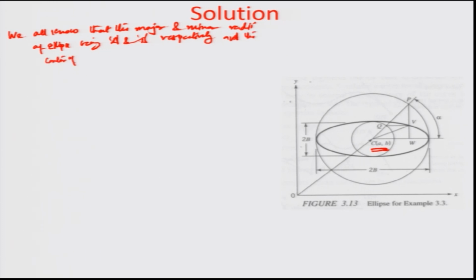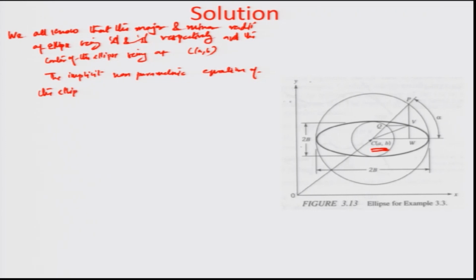With the center of the ellipse being at C (a, b), the implicit non-parametric equation of the ellipse can be expressed as (x minus a) square by capital A square plus (y minus b) square by capital B square equals 1, right.